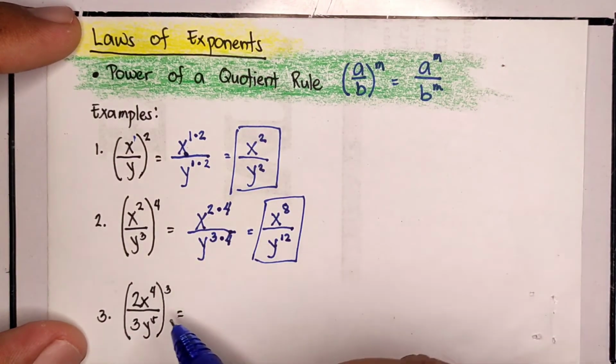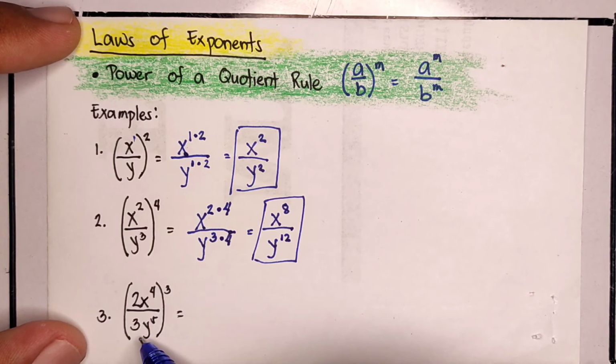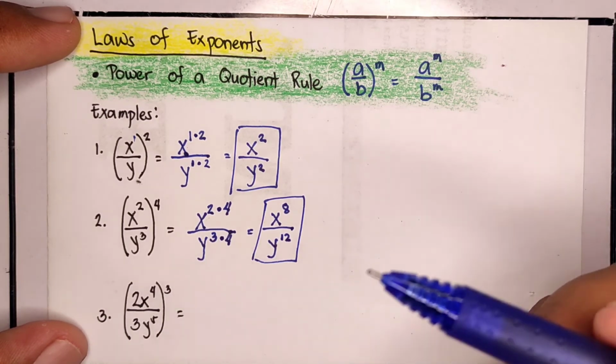Okay, last example. 2x raised to 4 over 3y raised to 5, all over raised to the power of 3.